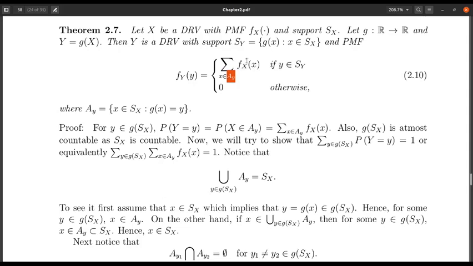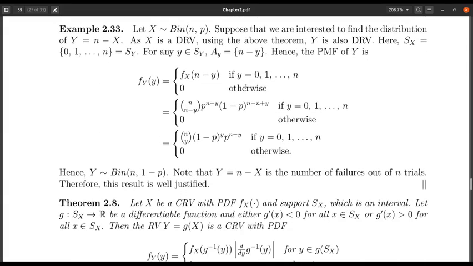We need to consider the PMF at only one point here, and when we do that, it turns out to be the PMF of X at the point n minus y, if y is one of the points in this support, and 0 otherwise.